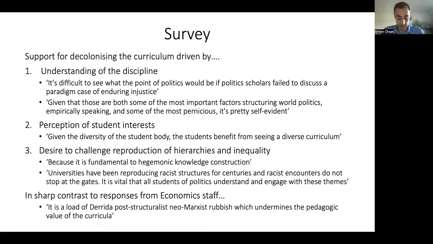these online course descriptors. In an earlier article that I did, I also looked more specifically at political theory modules. So what I did is that I found the core political theory module that all students would take from each university offering a politics degree. And I looked at the online module descriptor and at reading lists where they were available.